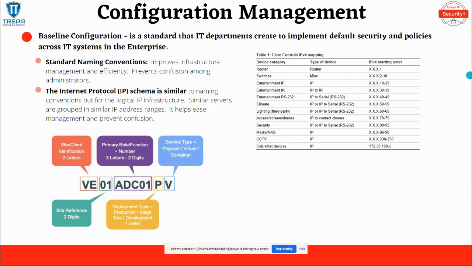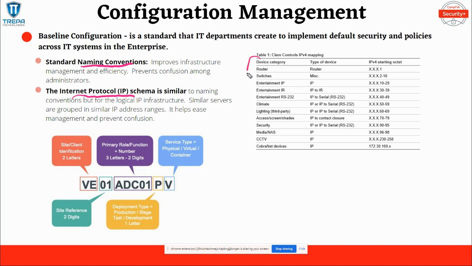More configuration management is the baseline configuration. This is a standard that IT or cybersecurity personnel implement and enforce to have default security and policies across all their systems. The baseline configuration could be a naming convention or the IP schema, which means deciding, for example, whether our default gateway is going to be the first address.